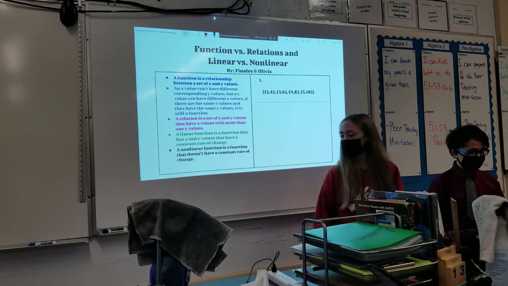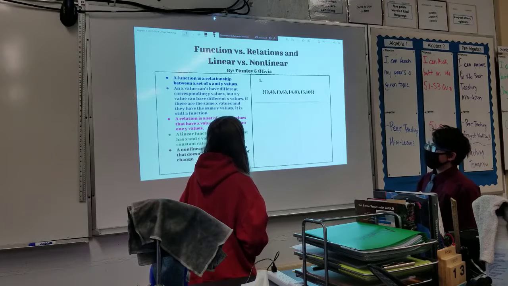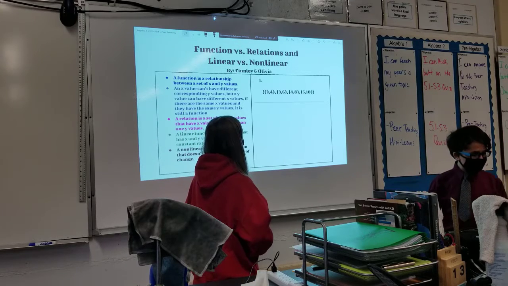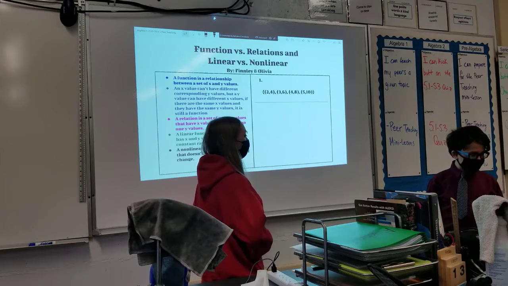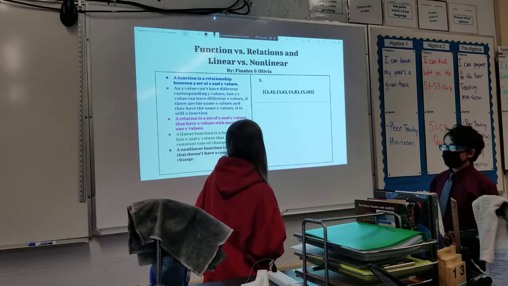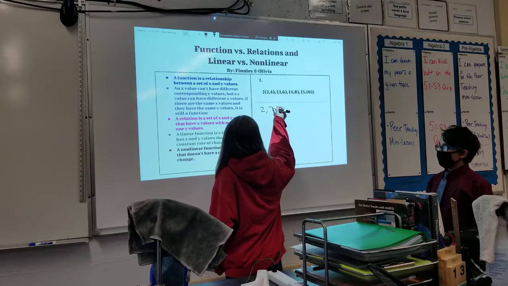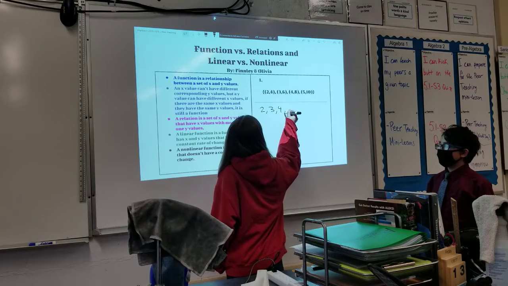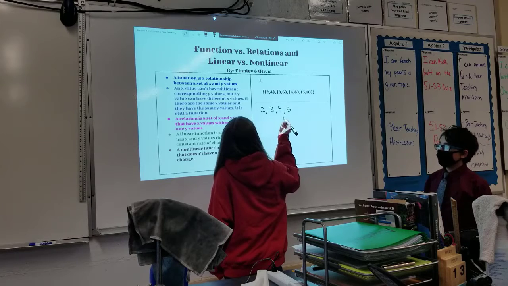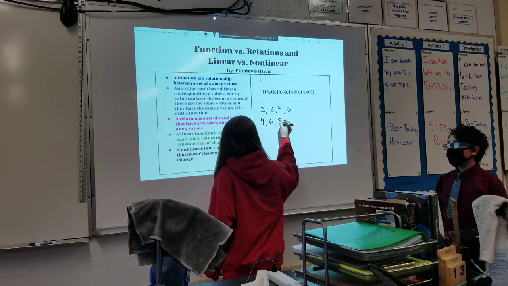So I guess we can start out with problem 1. We're going to figure out if it's a function or not a function. To do that, I'm just going to list out the x values first, and then list out the y values.